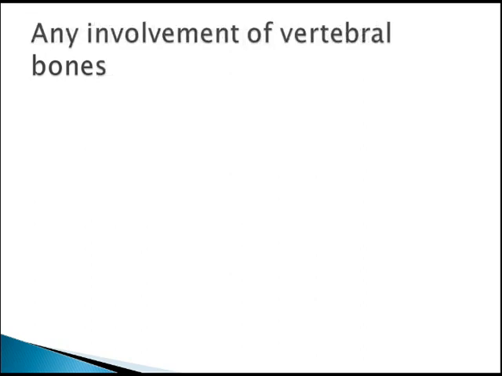So there are a few joints that you should know. Sometimes vertebral involvement is very important. If they give you vertebral pain and you are thinking of osteoarthritis, it can be, but think of other options rather than osteoarthritis. That's very important.